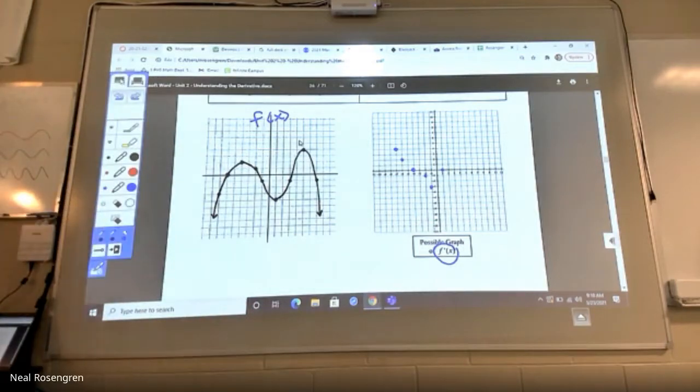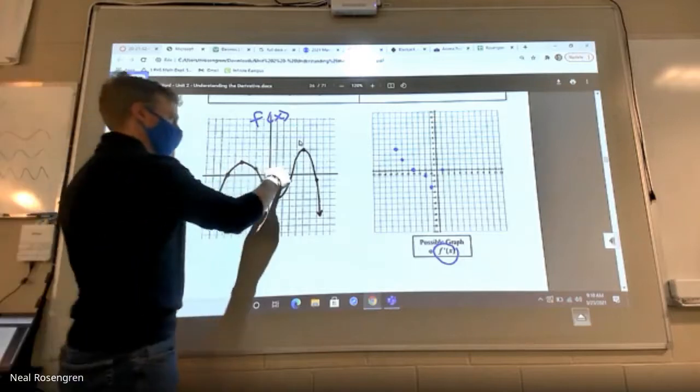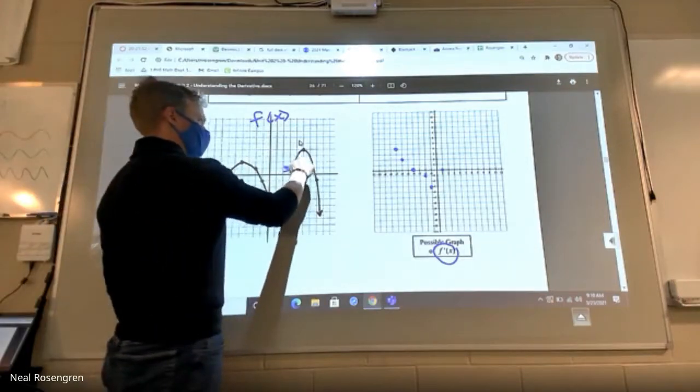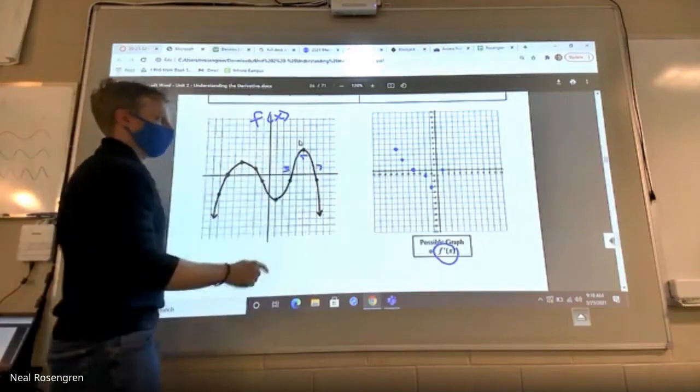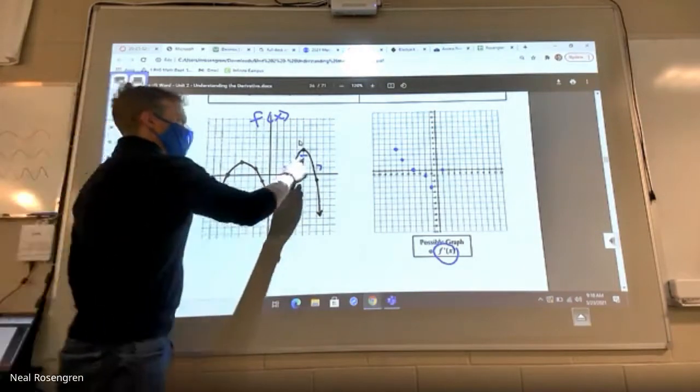All right, see if you can do the last one. There are 3 more points, one at 3, one at 5, and one at 7. Do your best to estimate the derivative, but don't connect it yet.